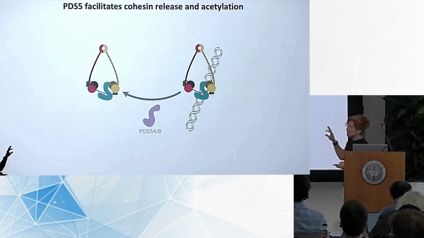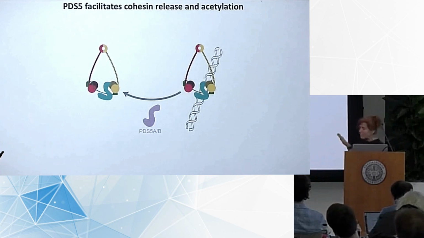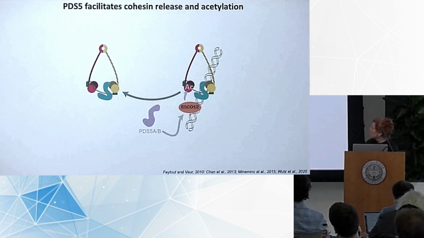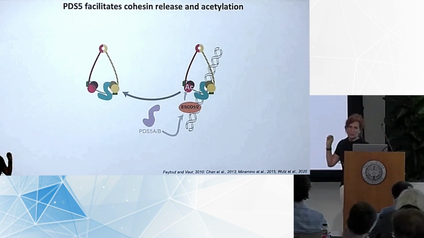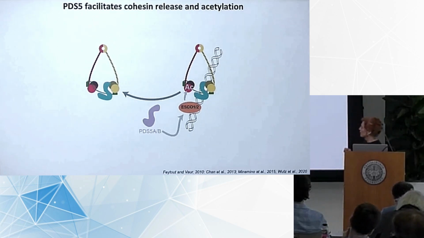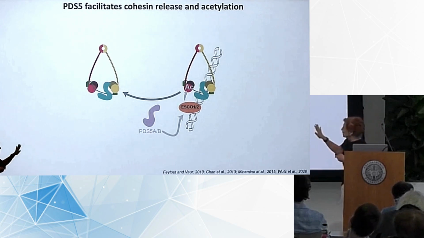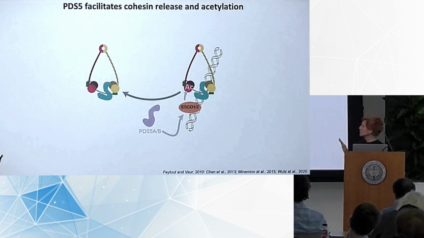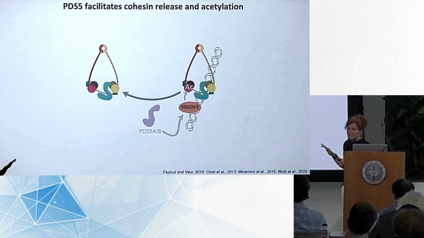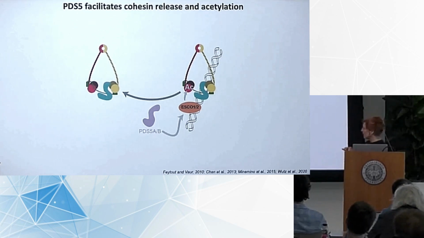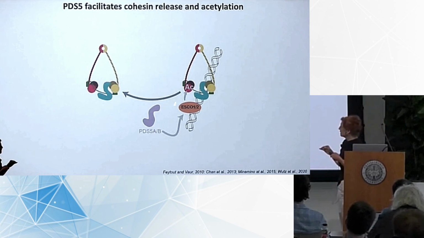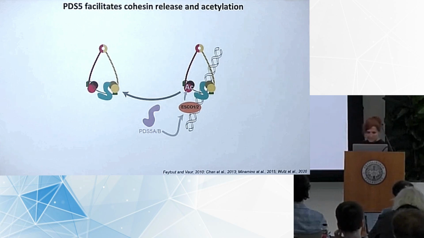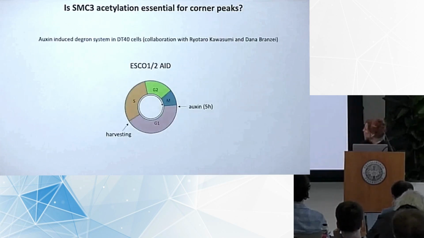Now, PDS5 is not only important for the release of cohesin, but it's also essential for cohesin to get acetylated in G1 cell cycle stage. So without PDS5, ESCO cannot acetylate cohesin on chromatin. So to look at the function of acetylation, we are going to deplete ESCO1 so that we don't interfere with the releasing function of PDS5.